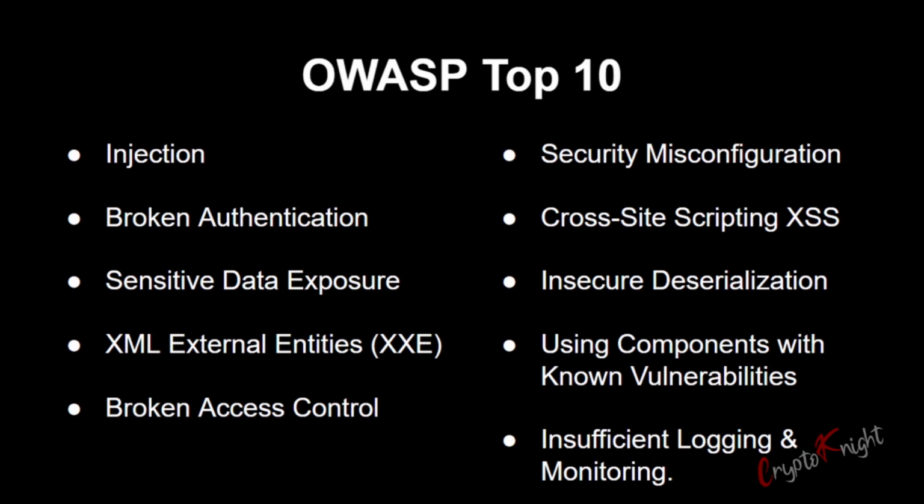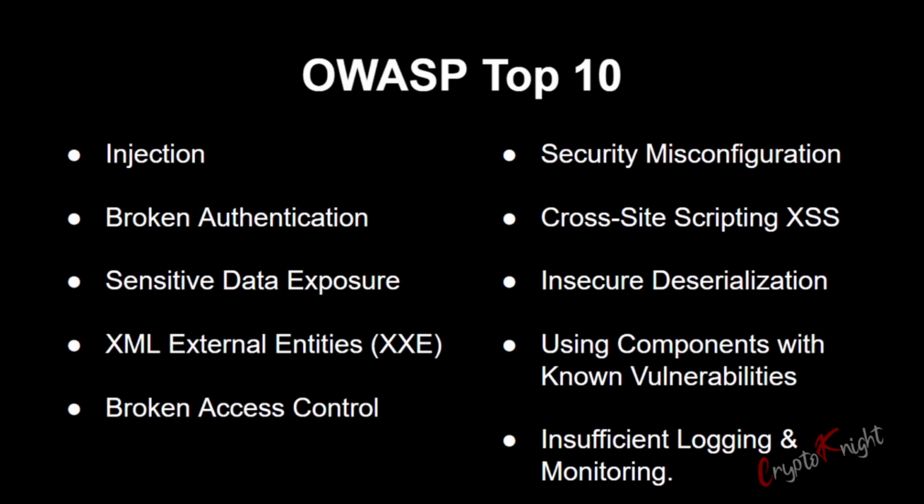Integrity means whether we can change something which we are not supposed to. Or the availability. For example, a DOS attack. If we perform a DOS attack, we are not able to access the website and it affects the availability. So these three components are very popularly known as CIA: confidentiality, integrity, and availability.